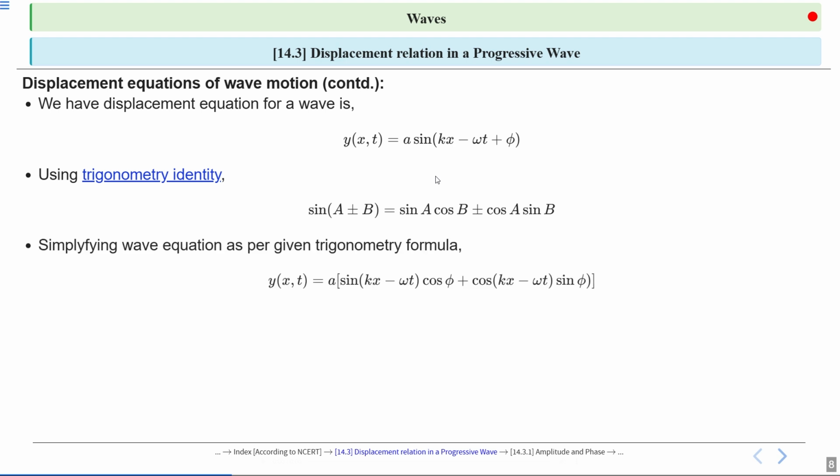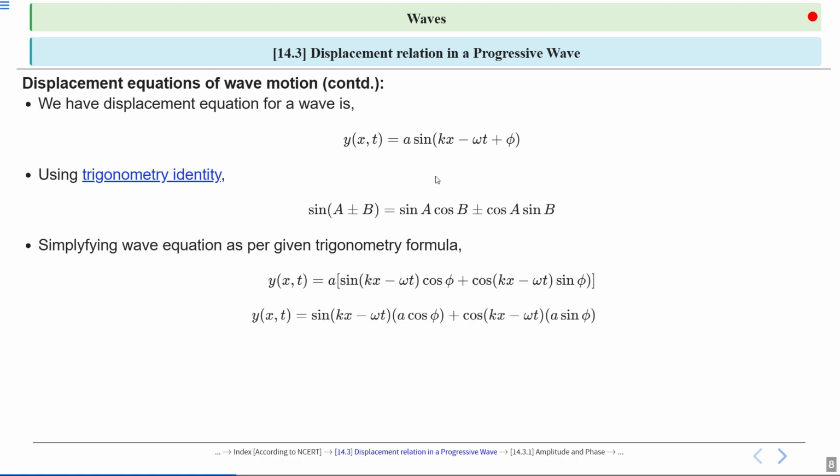Simplifying the wave equation as per the given trigonometric formula. So y of x, t is equal to A sine (kx minus omega t) cos phi plus A cos (kx minus omega t) sine phi. We have separated the phase phi from the rest of the terms.